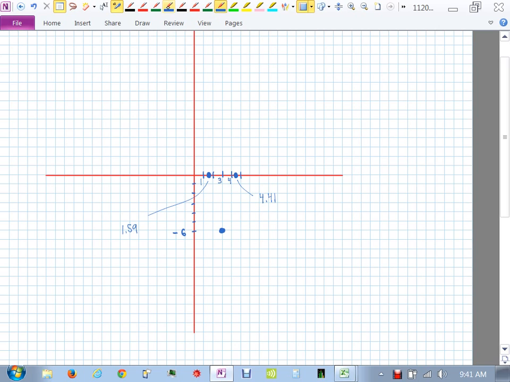I don't even know if I'll be able to fit it on here. 1, 2, 3, 4, 5, 6, 8, 9, 10, 11, 12, 13, 14. Hold on. 15. It's going to be off the graph. Now, here's where we run into an issue. If I can't fit it on here, I have to rethink the whole thing. I have to go back through and possibly redraw the whole thing if I want everything to look scaled appropriately.